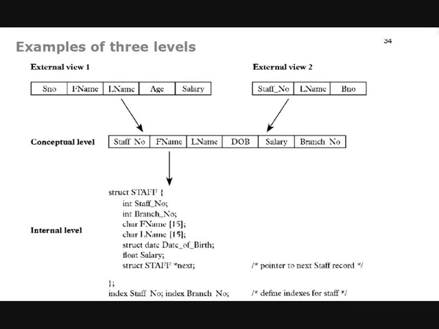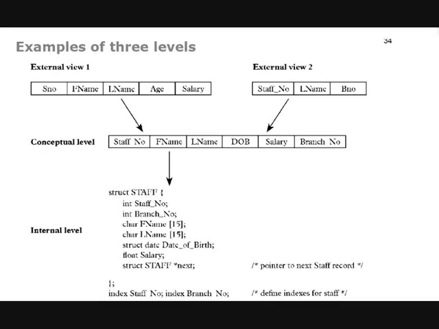It's called S number, along with first name and last name, and instead of the date of birth, what I'm going to present to this group of users is the age, which is derived from the date of birth, and the salary. Whereas another view of the same data, for another set of users, might see the staff number and call it a staff number, and the last name and the branch number. So each user has his own view, and it can be customized to their own requirements.